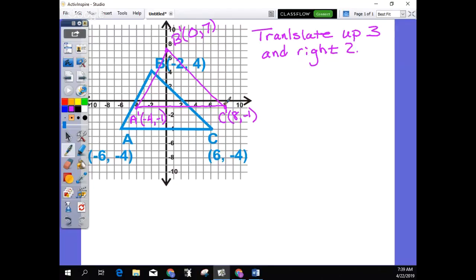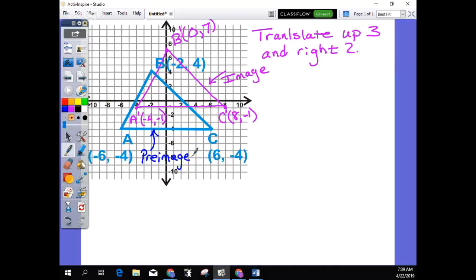This is now called the image. Remember, the figure after the translation is called the image, and the blue one is called the pre-image.